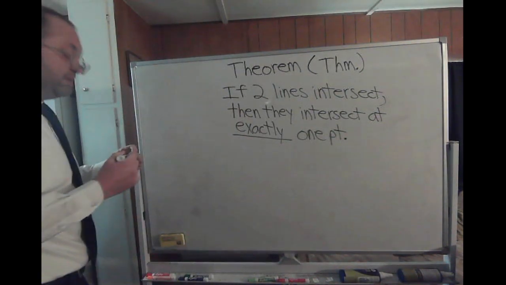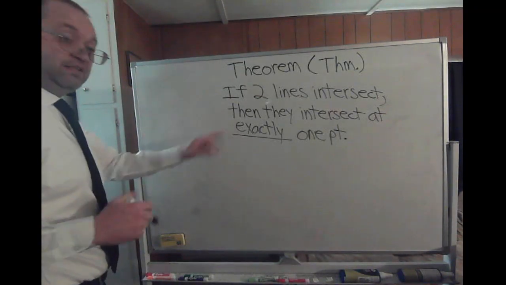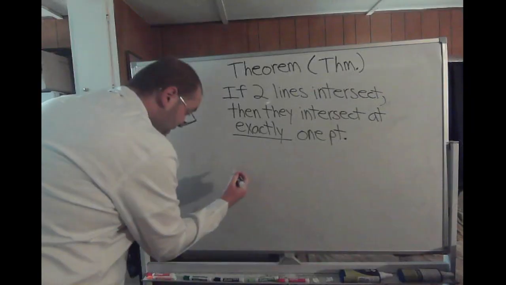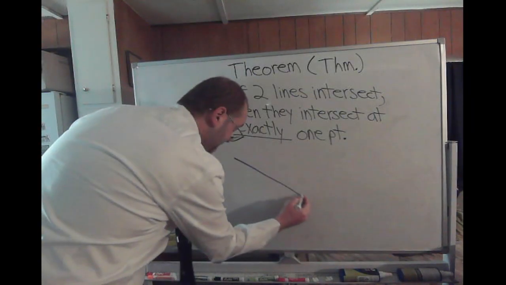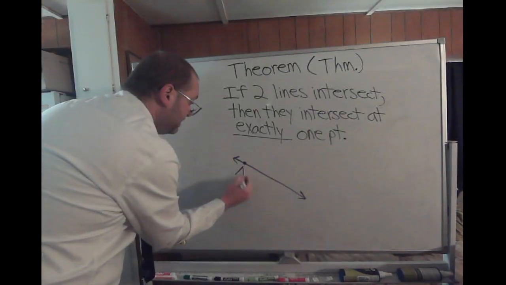So this theorem is if two lines intersect, then they intersect at exactly 1 point. So let's see here. Let's draw a line. We'll call this line AB.